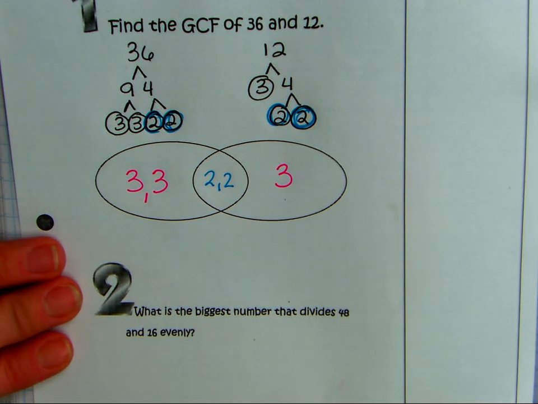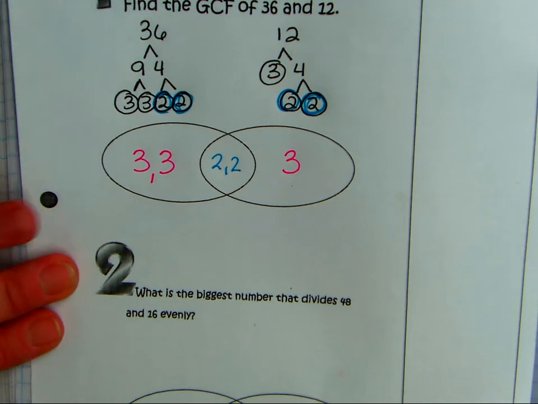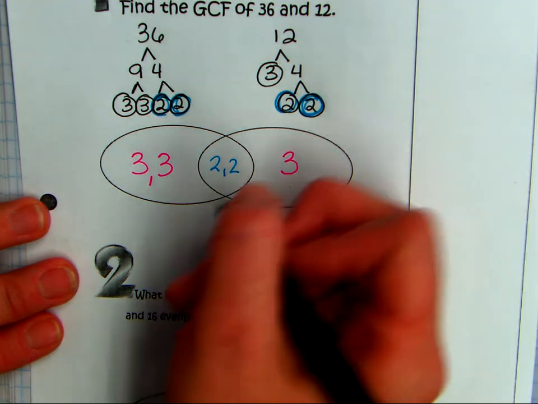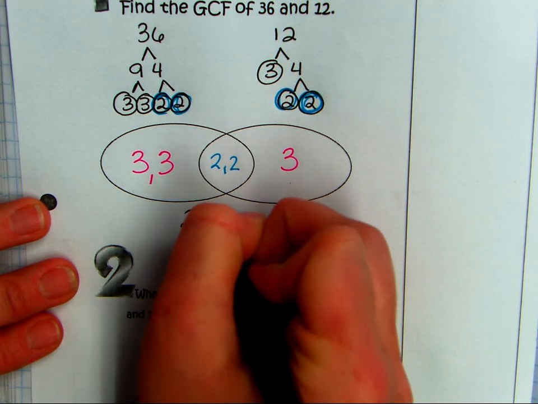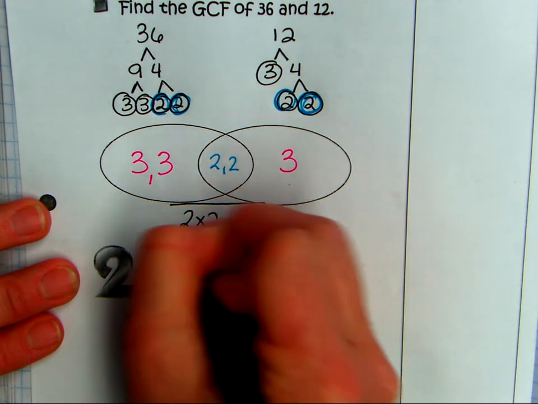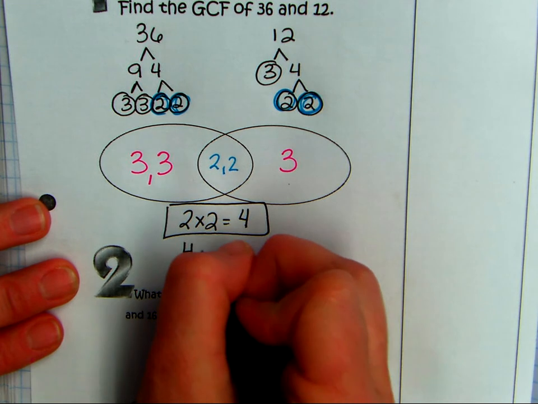What is our final step? What is the final thing we do now that we have everything listed in our diagram? Abby? Multiply them together. We multiply the center together. So we would have 2 times 2, which is what, class? 4. So your greatest common factor again is 4.